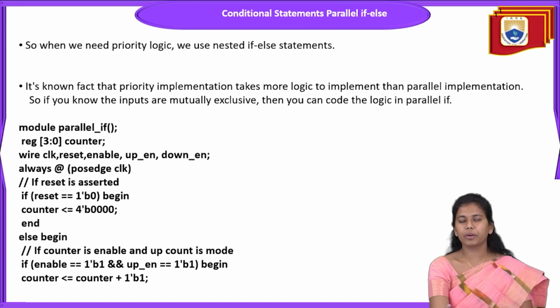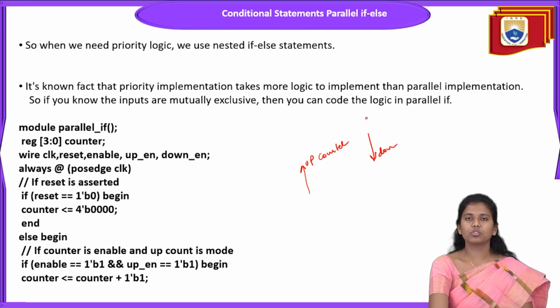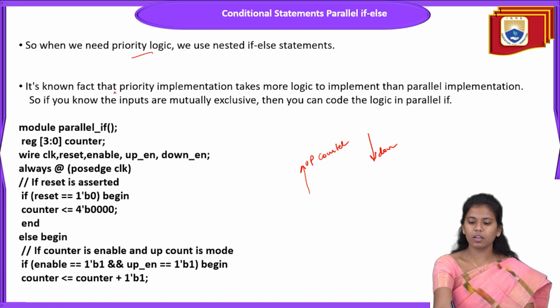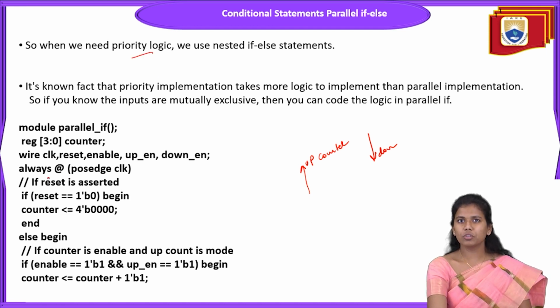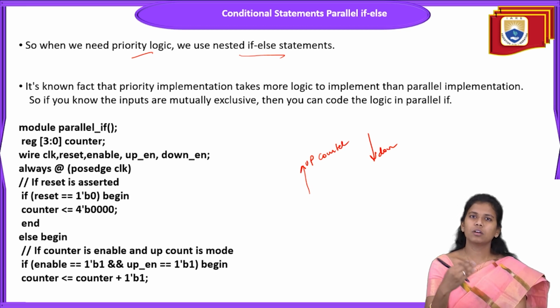So in order to know the priority of the bits, whether you are taking the up counter or else you are taking the down counter, if you want the priority logic, then we use the nested if else statement. Remember, if you want to know the priority concept, or in which priority the bits are, highest priority or lowest priority, then we use the nested if else statements.